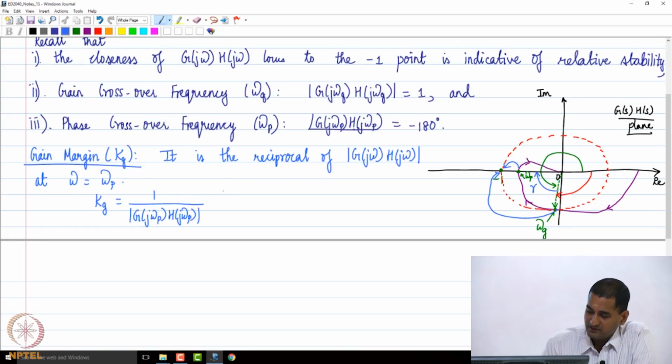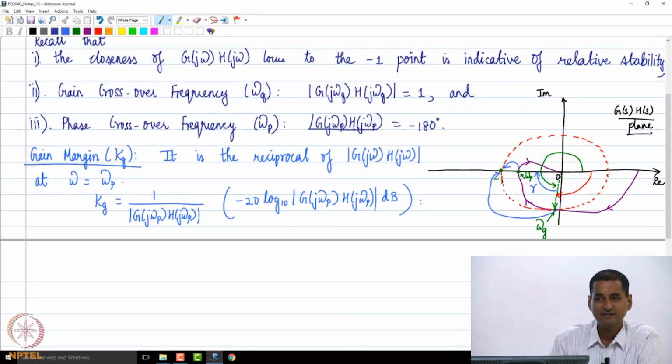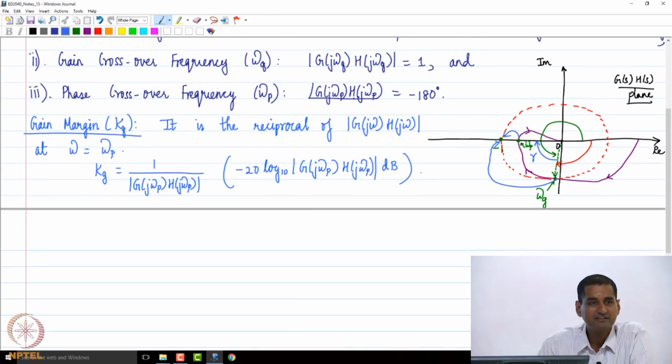In other words, this is also indicated as -20 log of the magnitude of g of j omega p h of j omega p in decibels. So, you can write it in absolute units or decibel units. Is it clear how we define gain margin?